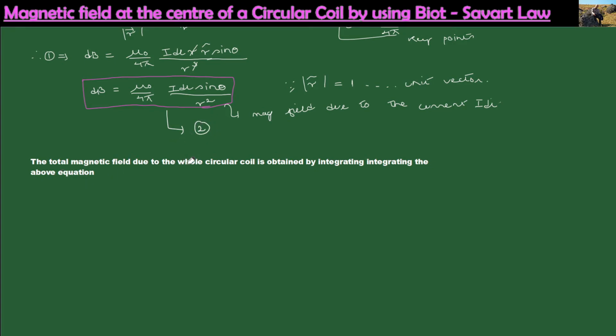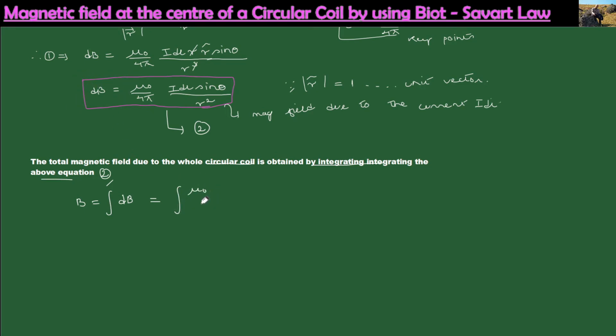So the total magnetic field due to the whole circular coil can be obtained by integrating the above equation 2. That means integration over dB will give us the total magnetic field B. So we integrate both left hand side and right hand side.